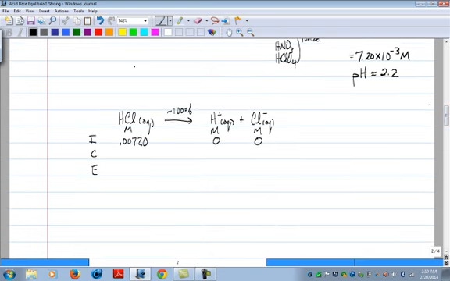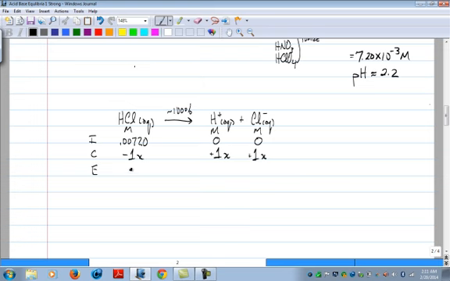You can show this in an organizer. You have the HCl molecules undissociated. They'll change in a 1:1:1 ratio with the H plus ions, really hydronium ions that form, and the chloride ions that form.